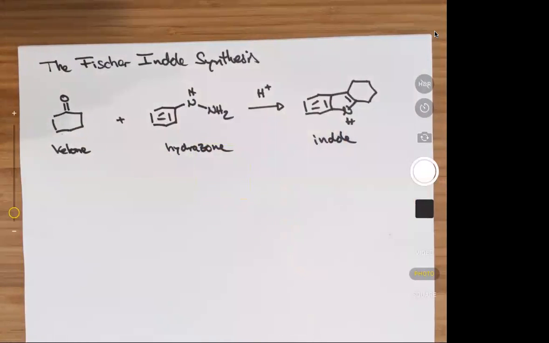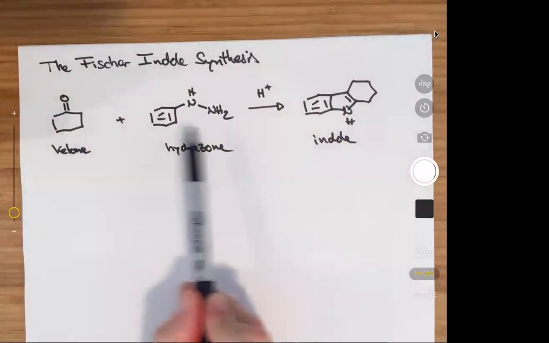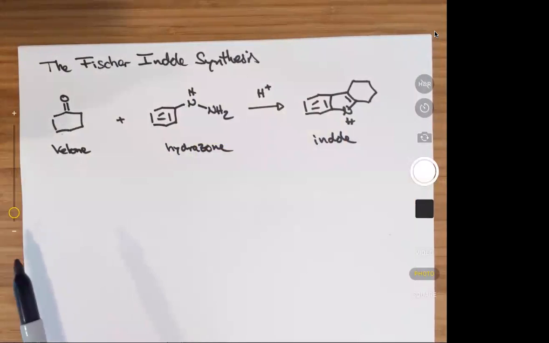Now, obviously, if you just have a glance at these real quick, it's really hard to see where the connection in the synthesis is to the 3,3 sigmatropic rearrangements. And it looks again like something where we have to build up the structure, the core structure of these 6 atoms in a line with the 2 double bonds at the end that are so characteristic for the 3,3 sigmatropic rearrangement.